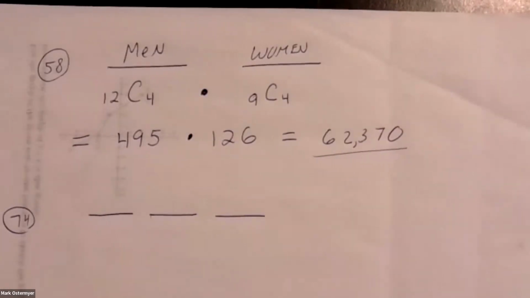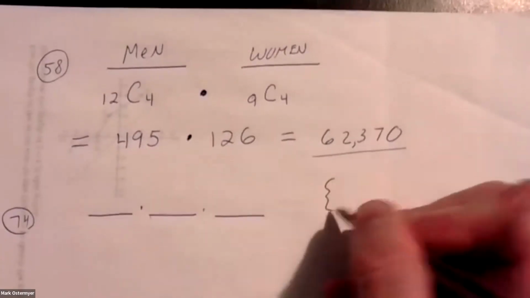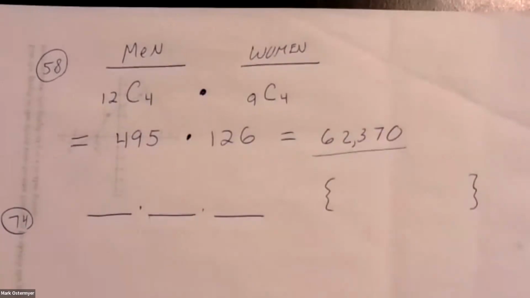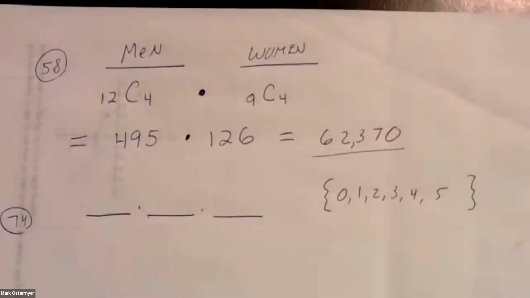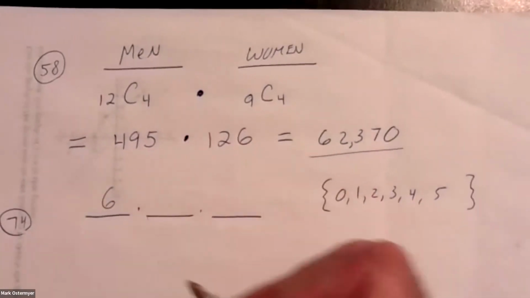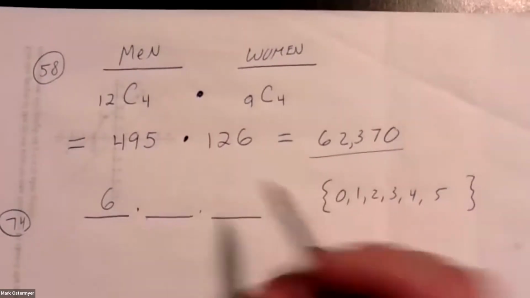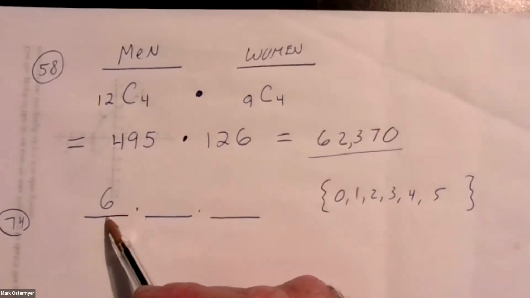How many ways can I fill in the first slot? Well, how many digits or numbers do I have to choose from? Do you remember what that was? The set consisted of 0, 1, 2, 3, 4, 5. So 6 digits can go in the first slot. How many digits can occupy the second slot, keeping one of the digits out for the first slot, because we cannot have any repeats?